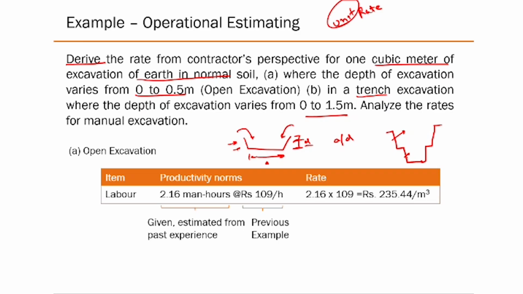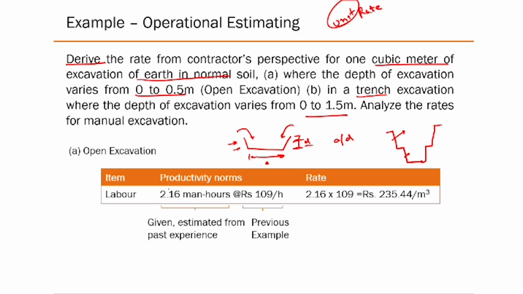So essentially what you need is, per cubic meter, how many man hours are required. If you can estimate that, you have already estimated the labor cost in terms of per man hour. So all you need to do is multiply by the per man hour cost, and by how much quantity a labor can excavate in one unit of working hour. That is all you need to estimate.